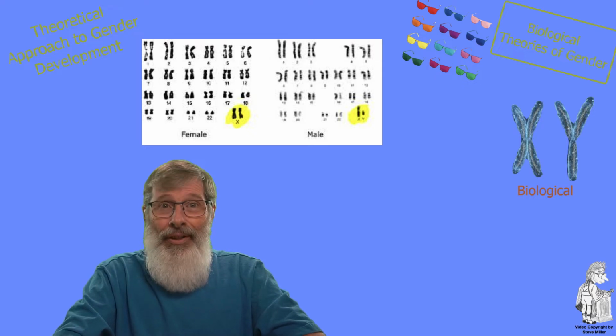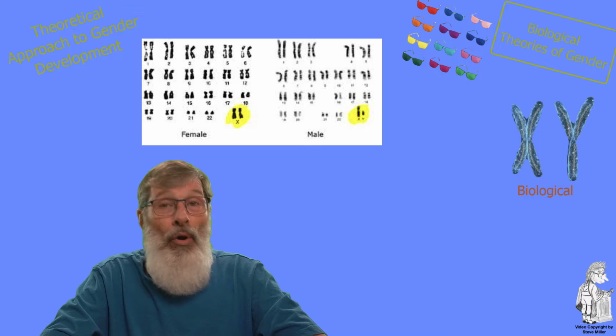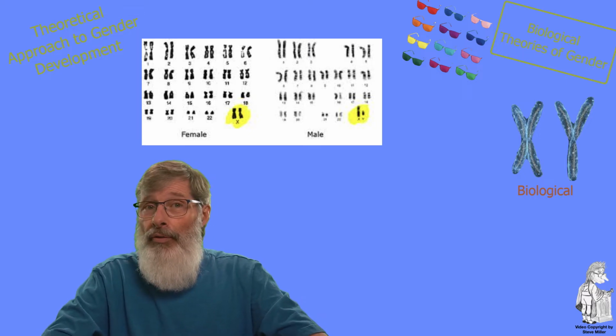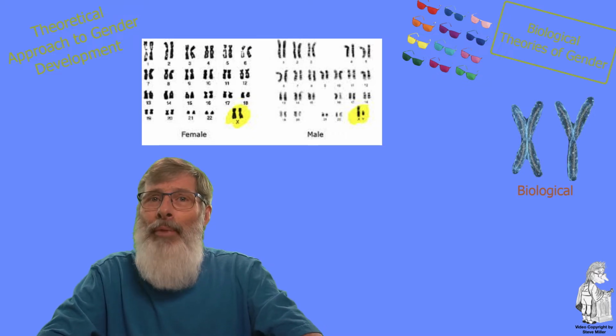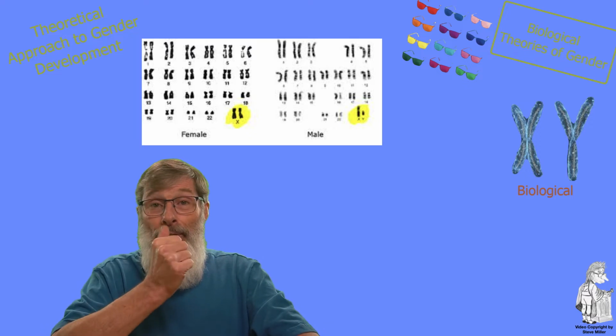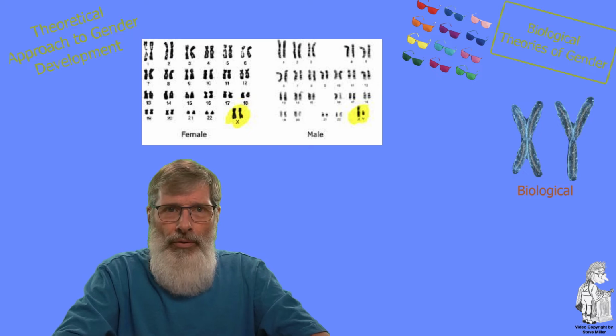So to begin, the biological theories of gender. Biological theories of gender focus on how sex chromosomes, hormones, and brain specializations can affect individuals. Biological characteristics of sex are based on differences. So let's start with sex chromosomes.